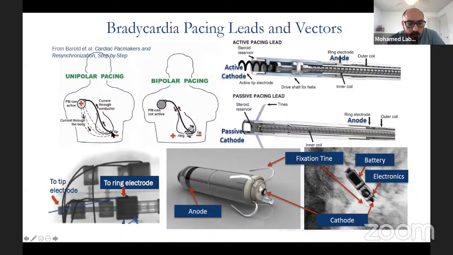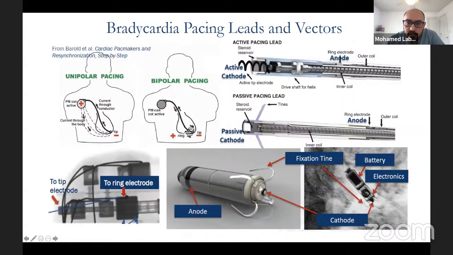In unipolar, you pace from the tip to the can, so the antenna for any activity is this current, and you're more prone to sensing artifact than if you pace from the tip to the ring, which is bipolar. That's why we call it bipolar: the pacing current is between those two portions of the lead, the tip and the ring, or the cathode and the anode.